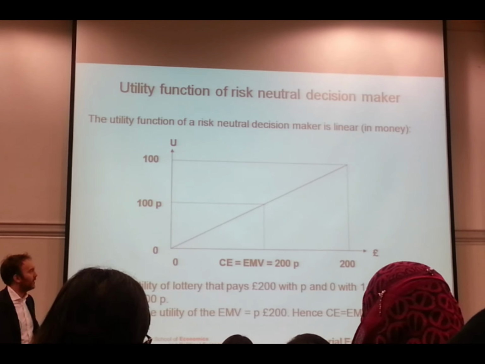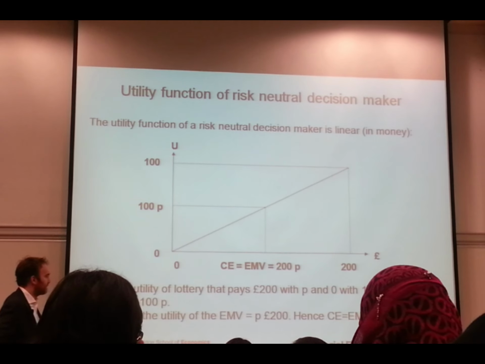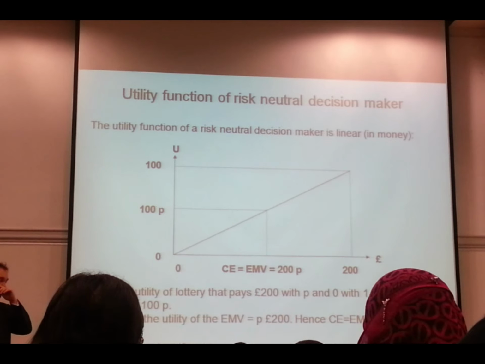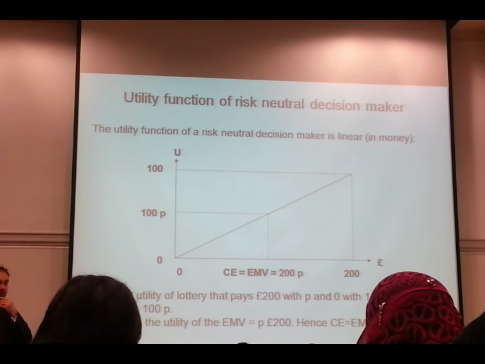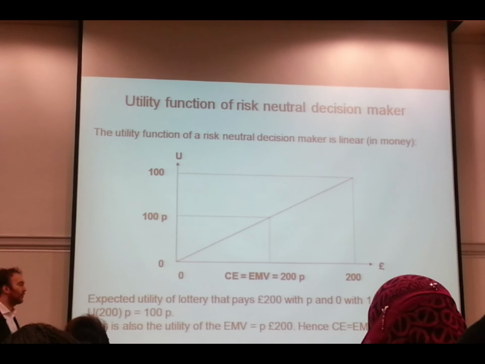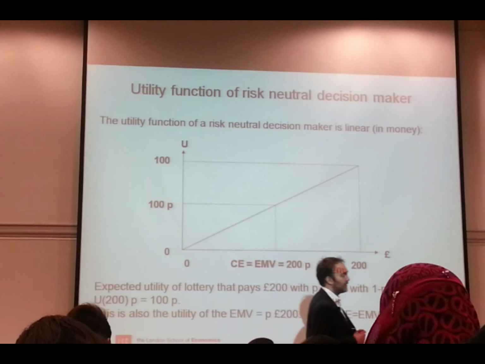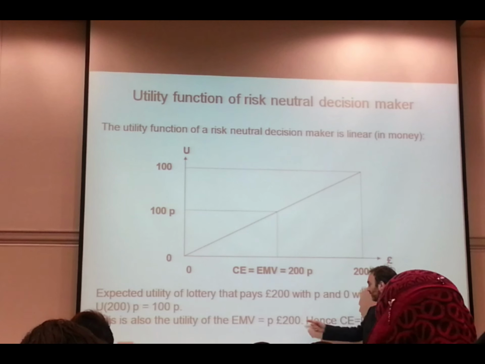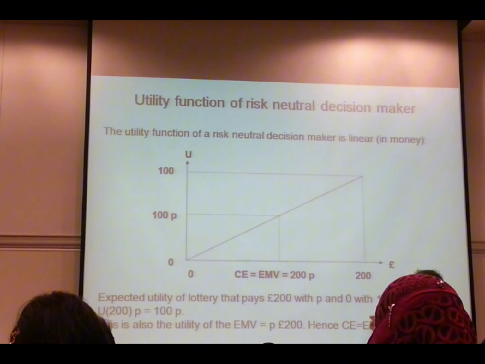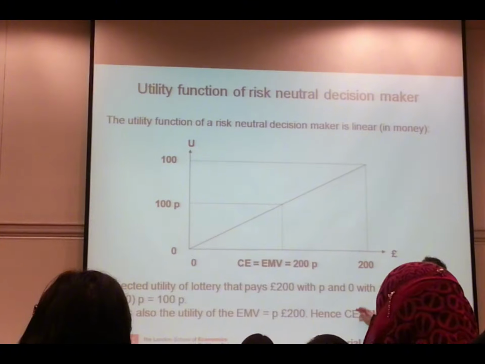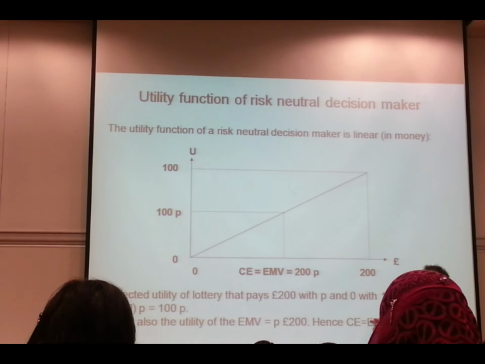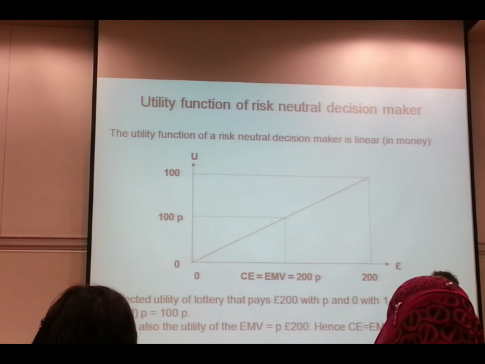If we took the expected monetary value, if I gave you the expected monetary value for sure, that would be P times 200 pounds as well. So in this case, the expected monetary value is equal to the certainty equivalent, as we saw before.